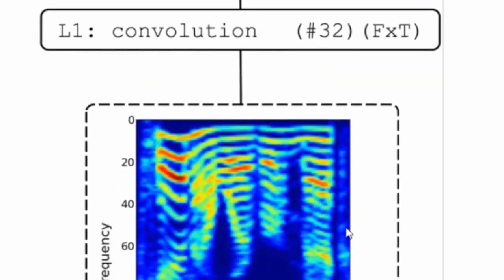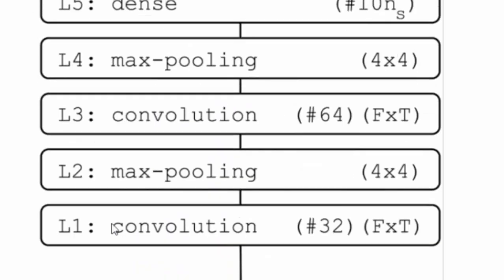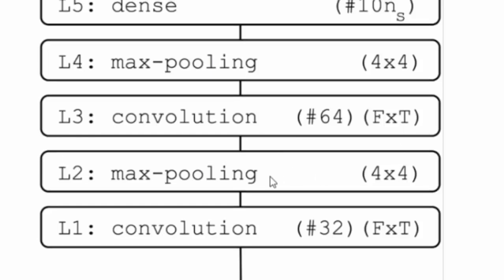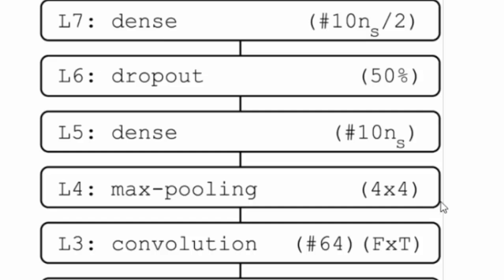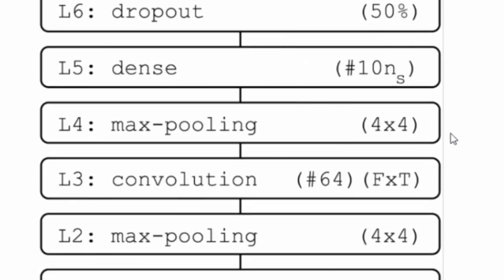We get this spectrogram just like an image. We feed that to a convolution layer, then a max pooling layer, then a convolution layer, then another max pooling layer, and then a dense and dropout layer, then a dense layer and softmax, and we get the speaker labels.